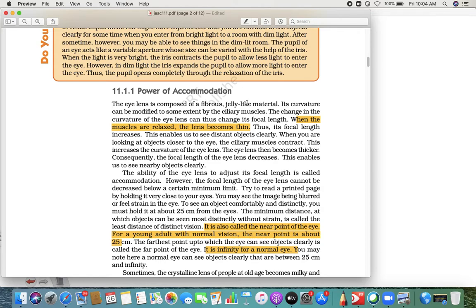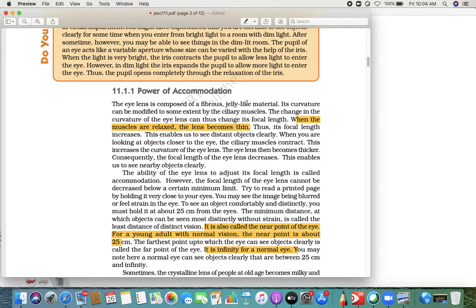Right now when you look at far things, at that time your muscles are relaxed. When you see near objects, you have to give stress. If you put a thread in a very small hole, at that time you focus so hard to see the near objects.